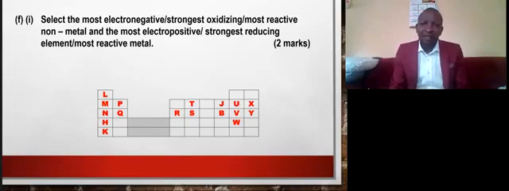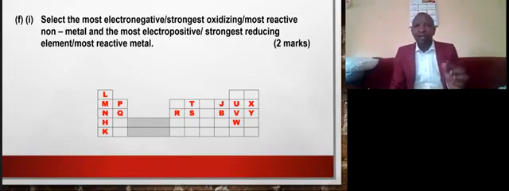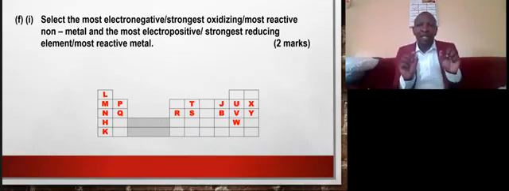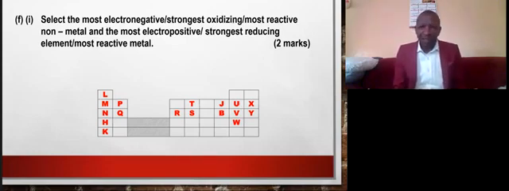Now, I have said the stronger reducing agent is also the most electropositive element, and the metal that is highly reactive. In such a scenario, you always go to the metal with the largest atomic radius and fewer electrons to be lost.